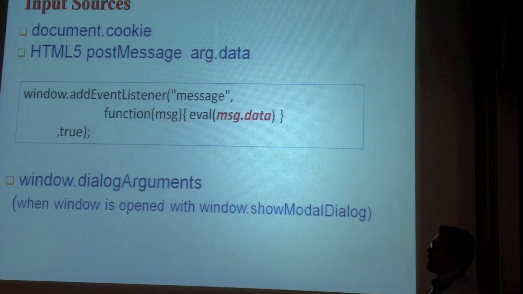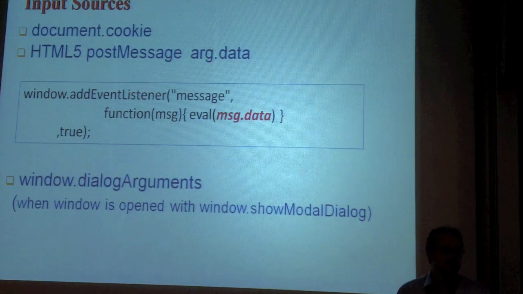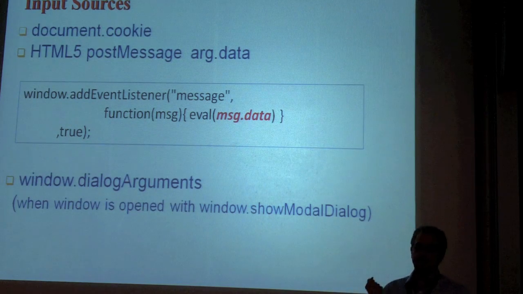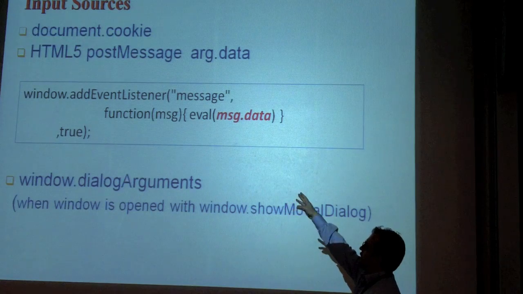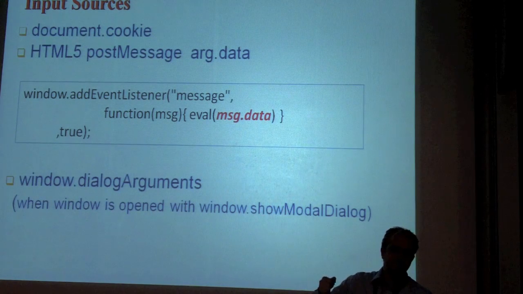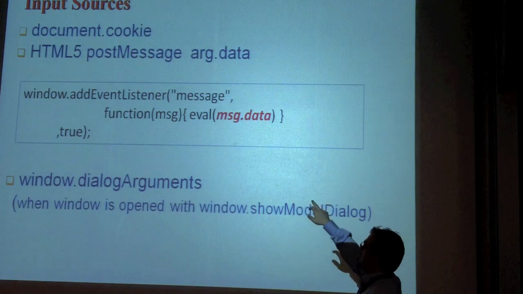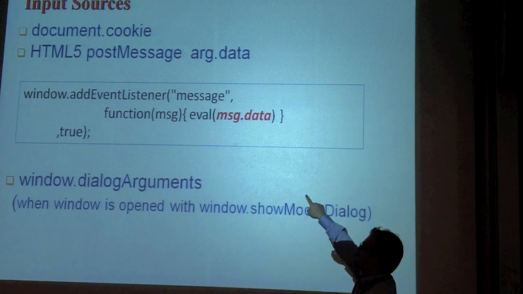Something else. For probably a couple of years, maybe one year, there is the postMessage function, which triggers an event, and if the victim window listens to a message, a postMessage event, the source in this case will be the message argument's dot data.